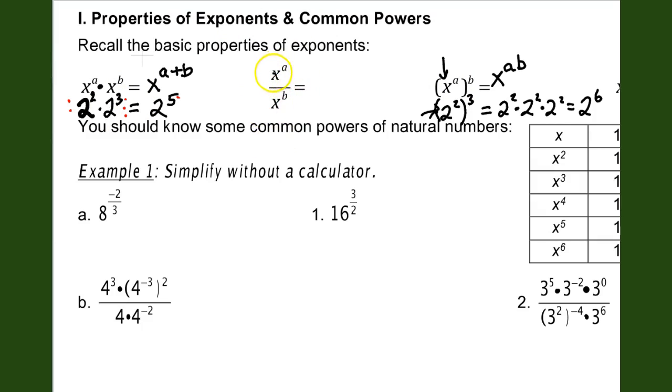Here, where you have one on the top, one on the bottom, it's less likely to confuse, but still, it helps to do these with numbers just to remember how they go. So if I had 2 to the third divided by 2 to the second, what would that equal? And if you're not sure, you can always expand, right? So that means on top we have 2 times 2 times 2. On the bottom we have 2 times 2, which means we have some canceling.